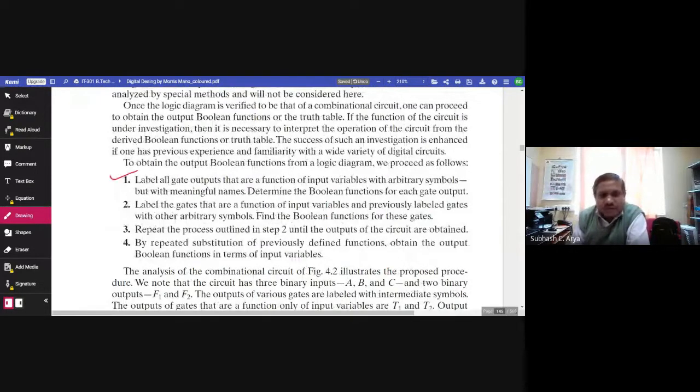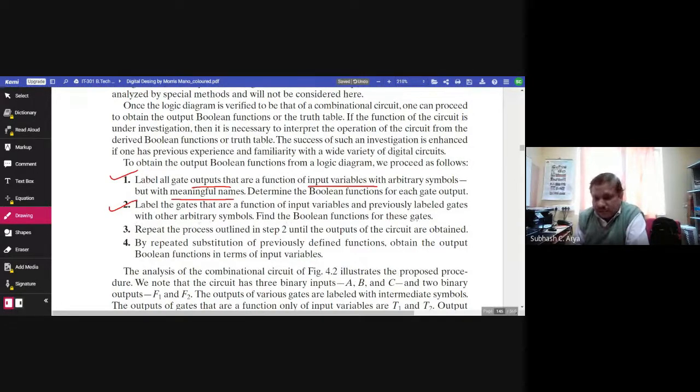First of all, we have to label all gate outputs that are functions of input variables with arbitrary symbols, but with meaningful names. Determine the Boolean function for each gate output. Label the gates that are functions of input variables and previously labeled gates with other arbitrary symbols.